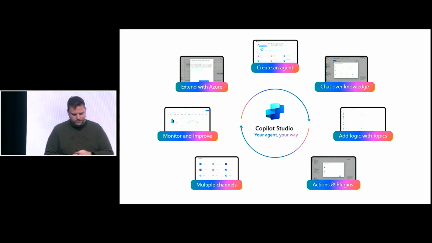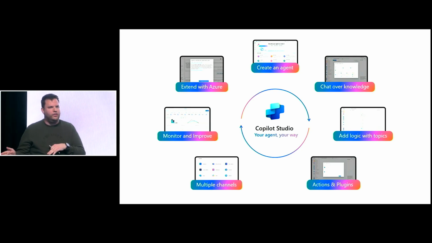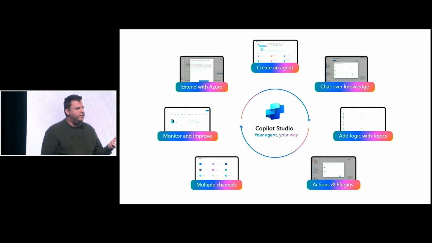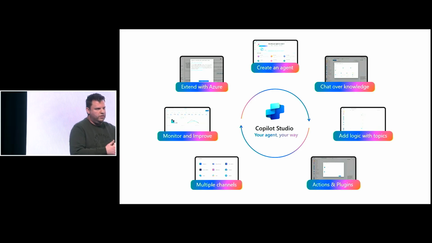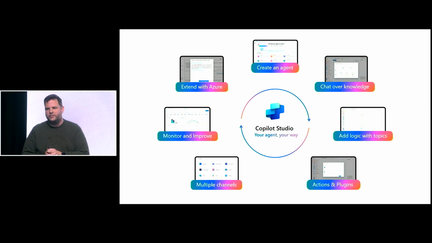Then, when you have created all those things, you might want to make it available to your end users. You want to put those agents in the hands of your end users, and you can do that by adding channels. Channels are basically the places where your agent will be available.